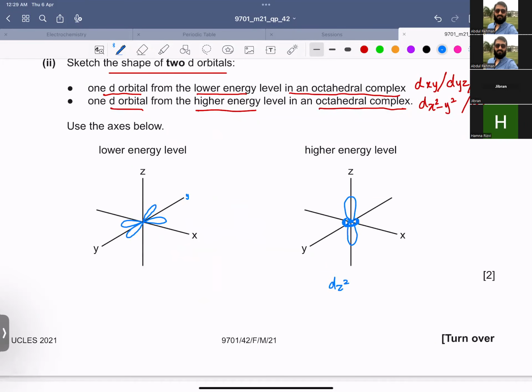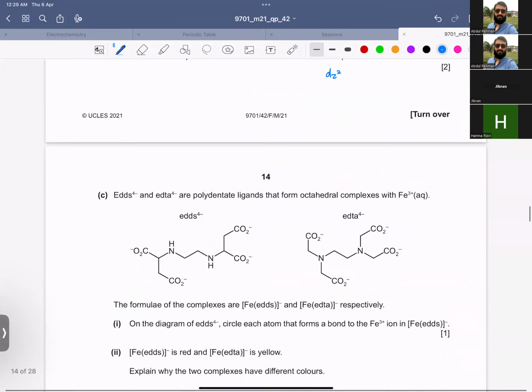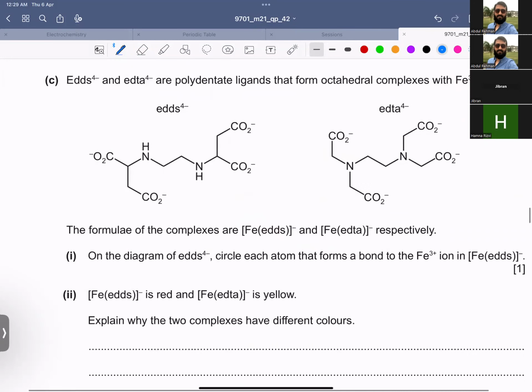Yes, sir. Okay. Now, C part. EDDS 4 negative and EDTA 4 negative are polydentate ligands that form octahedral complexes with Fe3 positive.